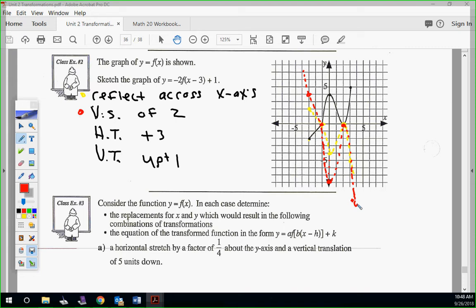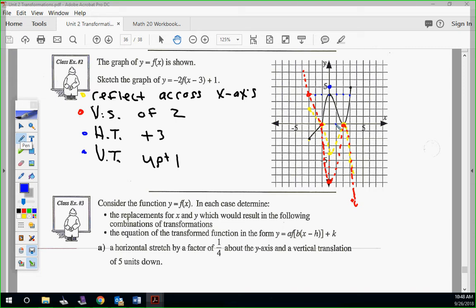Then we're going to go right 3, up 1 to finish. We can do these two together because they're translations. So let's go right 3, up 1. Oh, that's a different one, not the same one, sorry. That's the original. We've got to go from the red line.